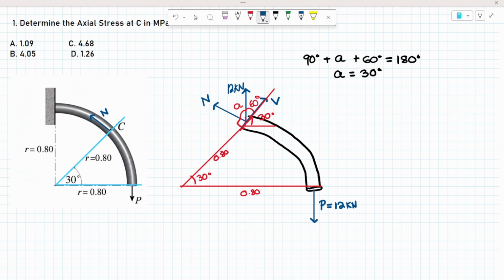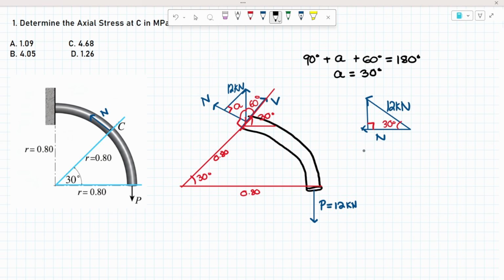Let us form a right triangle. So, perpendicular ito kasi right triangle. Using N and etong vertical force na reaction. Okay, isolating this right triangle, we will have like this. This is 12 kilonewtons. This is your N. And if this is the perpendicular angle, eto yung alpha na 30 degrees.